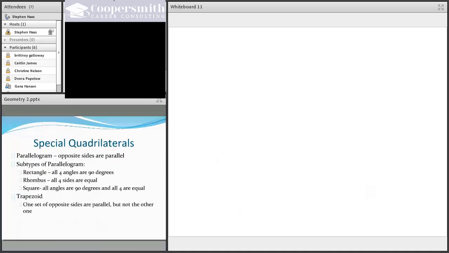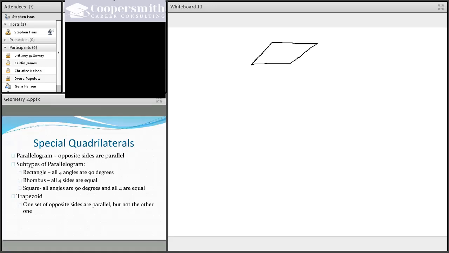Now let's take a look at certain types of quadrilaterals. Quadrilateral, remember, means a four-sided figure. And any four-sided figure is a quadrilateral, but there is a special kind of quadrilateral that is dealt with very often called a parallelogram.